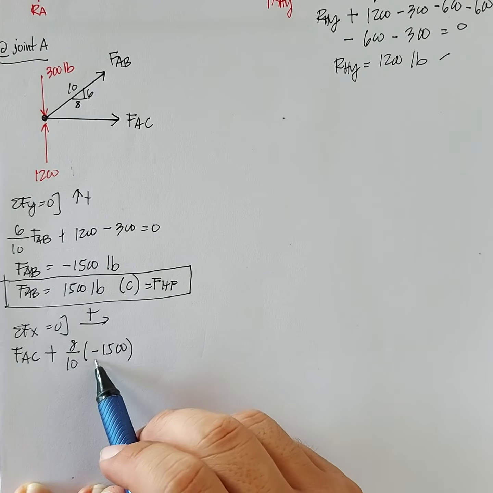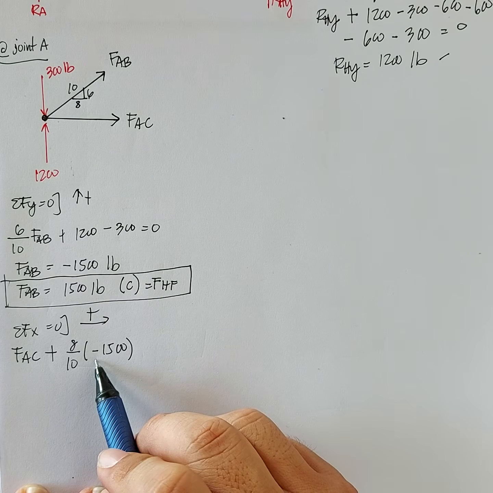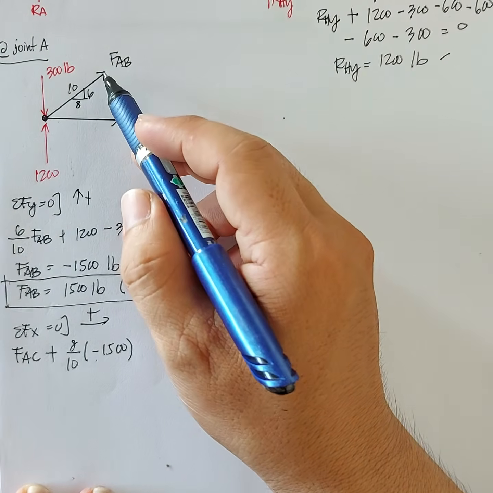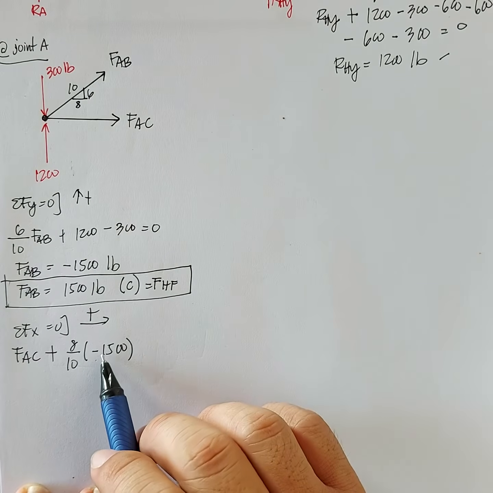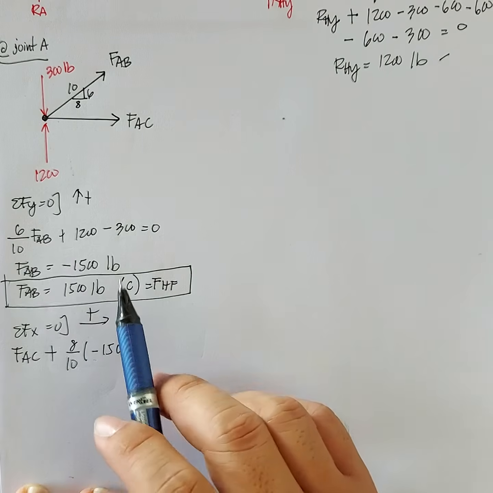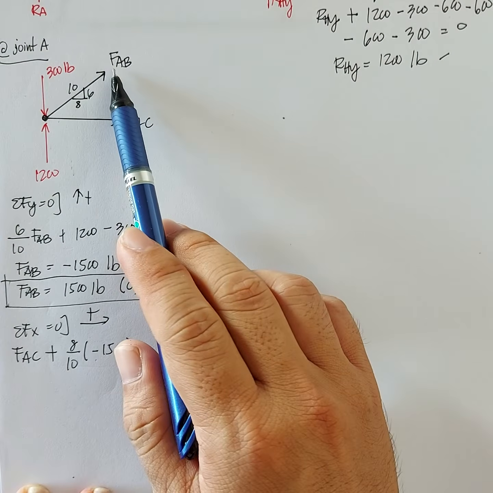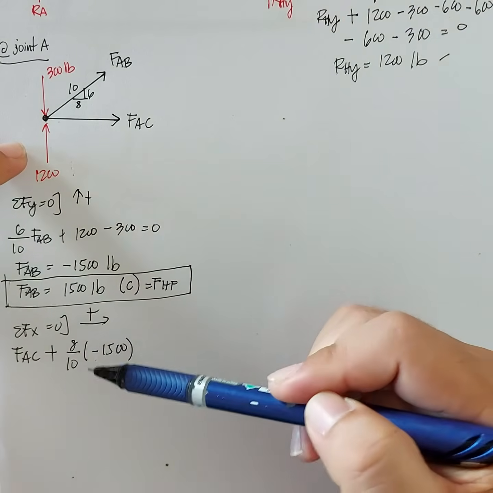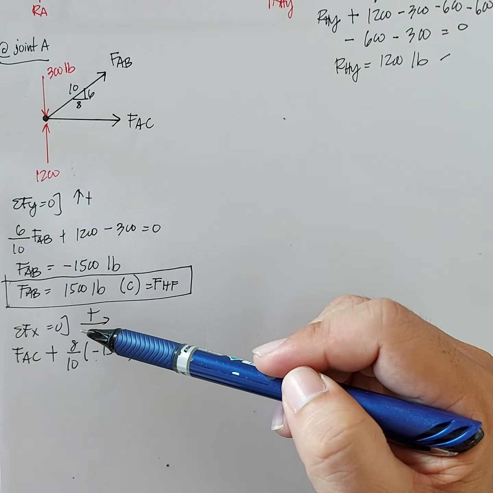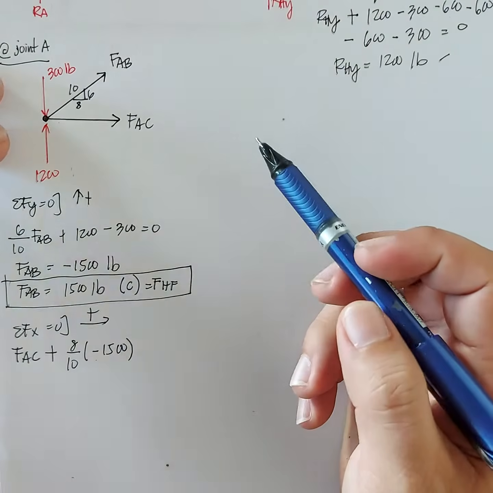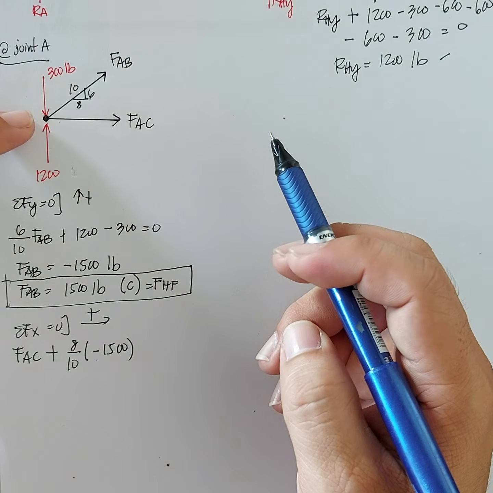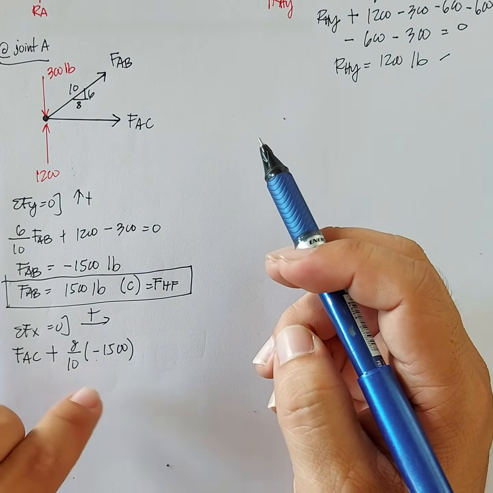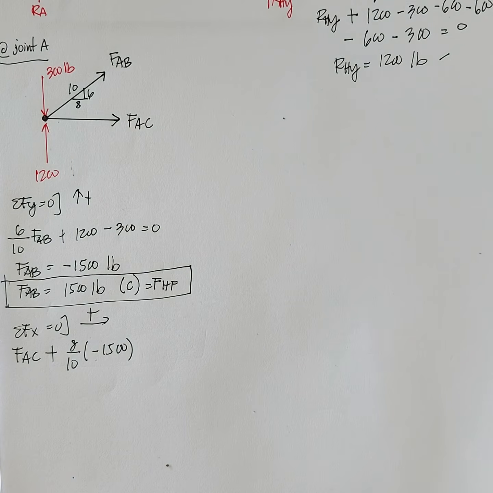Take note, don't forget, it is negative, unless you correct its direction. It will only become positive if you correct the direction of FAB to be towards the joint, which makes it negative anyway, since the horizontal component of FAB is to the left. To avoid confusion, I keep the direction as is, but do not forget to include the sign in our equation.